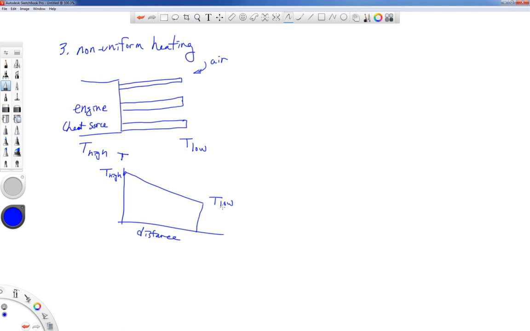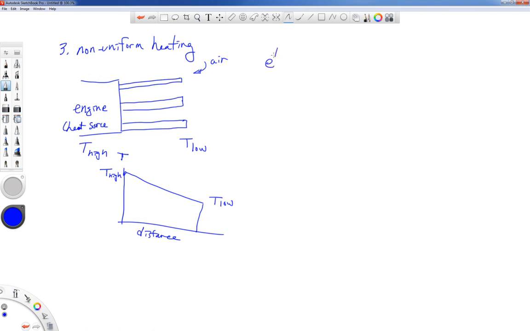Because the temperature is changing throughout, it's not uniform, the material next to the engine is going to stretch out more than the material away from that heat source. We're going to get a non-uniform thermal strain in this bar. That's going to cause non-uniform deformations.